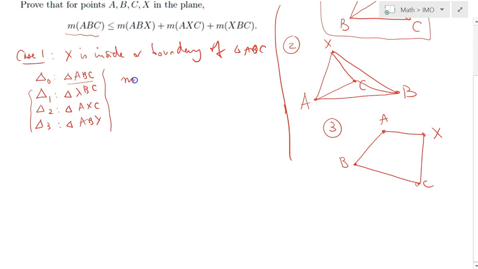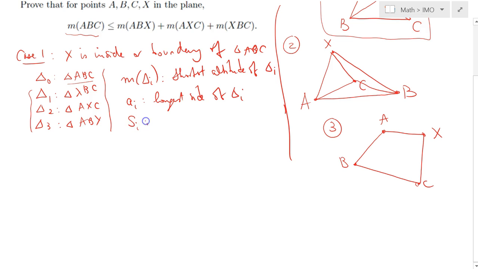Now recall that M of delta i simply represents the shortest altitude of triangle i. Let's also introduce 2 more notations. Let A sub i represent the longest side of triangle i, and let S sub i represent the area of triangle i, and this holds for all i between 0, 1, 2, and 3.